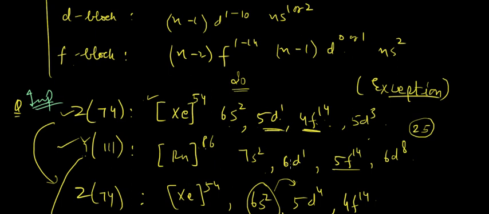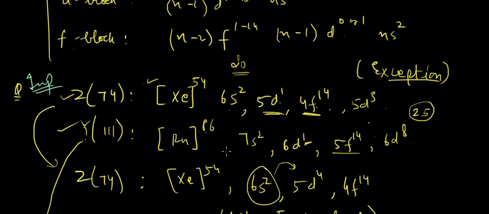Again 6d1 would be getting filled ahead of 5f14, but just for 1 electron here. So we'll be having 7s2 6d1 5f14 and 6d8. You can calculate the total number of electrons as 25 here: 3 plus 8 is 11, 11 plus 14 is 25.